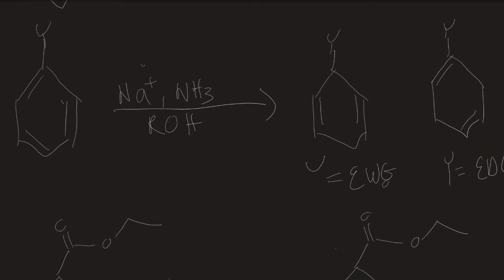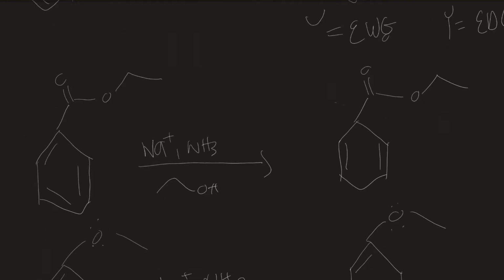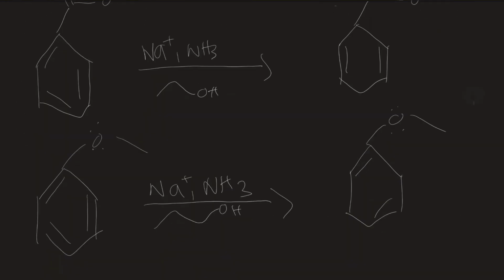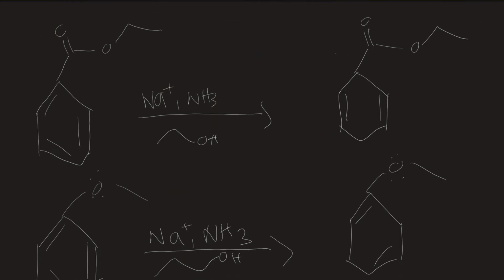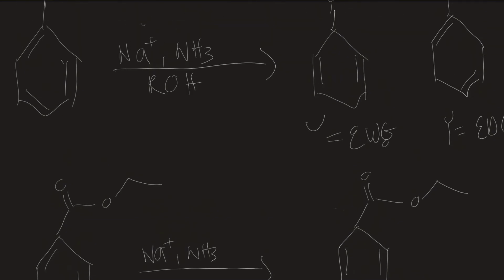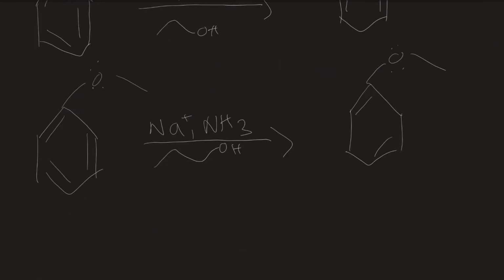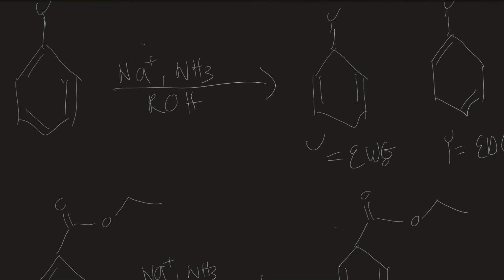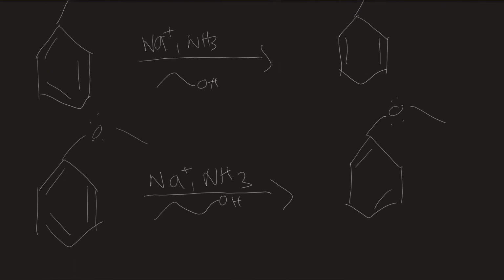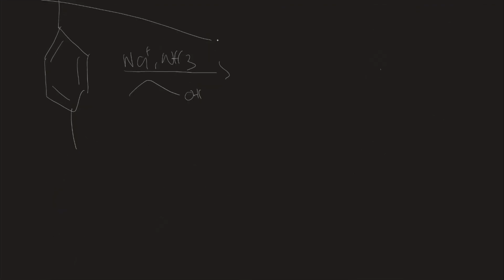So if we compare the electron donating group product above to this one, it basically has the same format. The benzene rings have the same format. The only thing that may be different is the Y substituent placed on that group. So now we're going to move on to the final example of the Birch reduction. And here is our starting product.